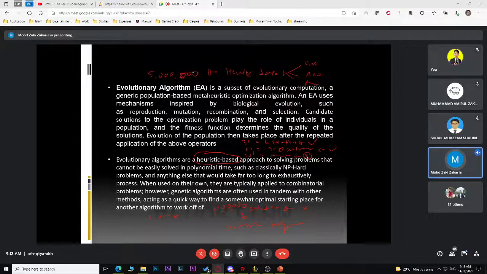That's why you tengok katalah you just consider 1,000 solutions only from 5 million solutions. So in the 1,000, maybe the best result or the best solution is not under this set, maybe it is outside, maybe somewhere else among the 5 million.